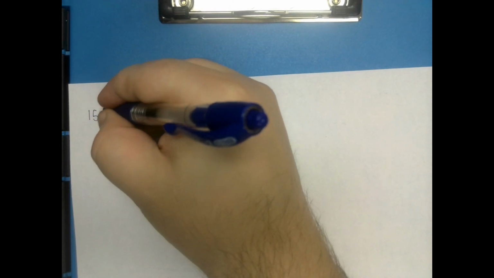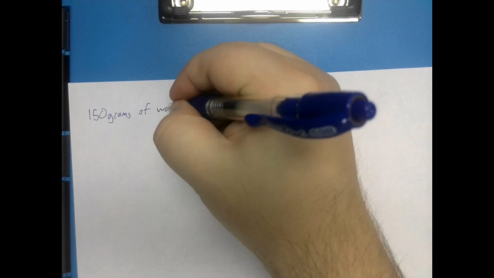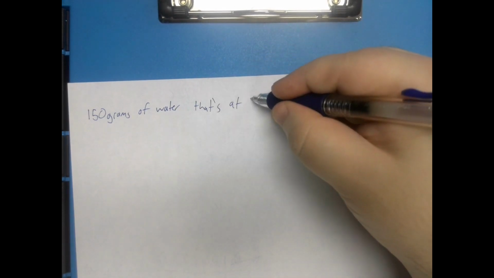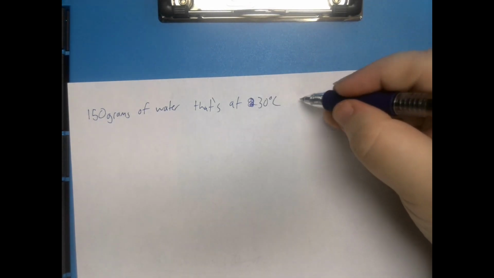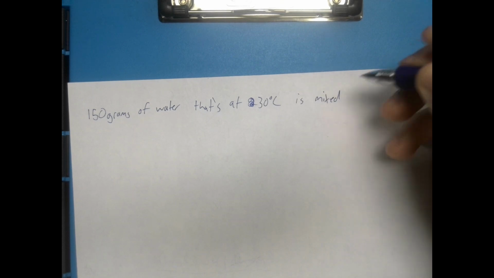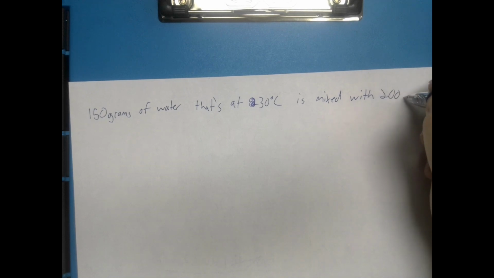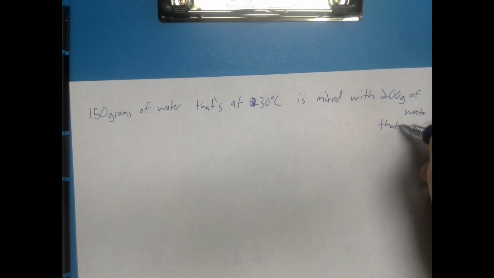So let's say it says 150 grams of water that's at, and let's make this an even 30 degrees Celsius, is mixed with 200 grams of water that's at 80 degrees Celsius.